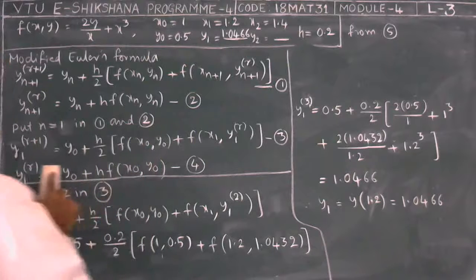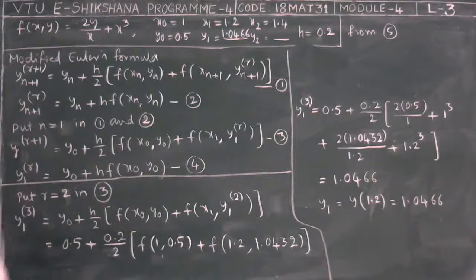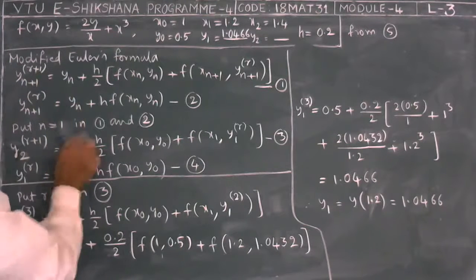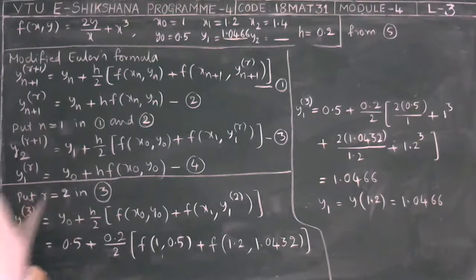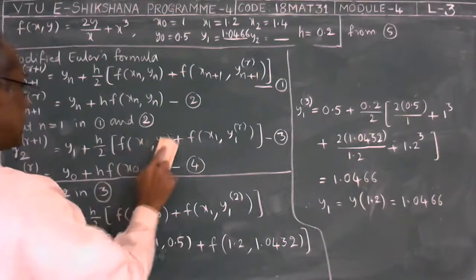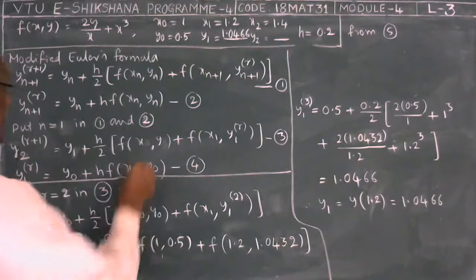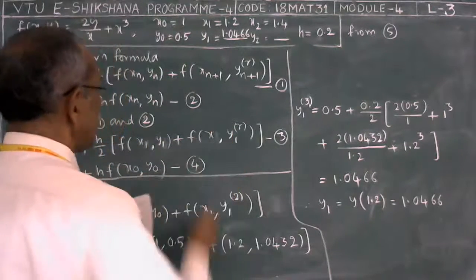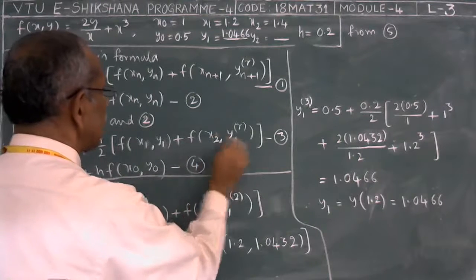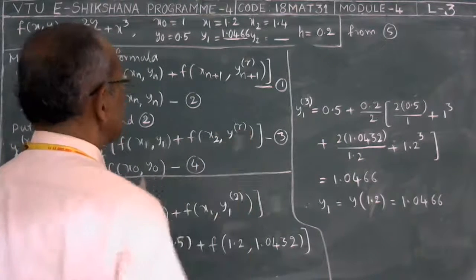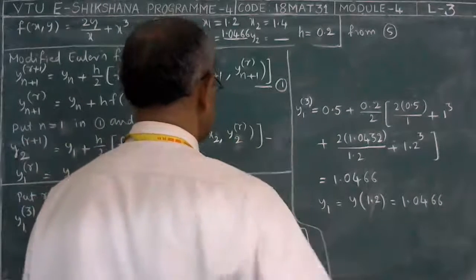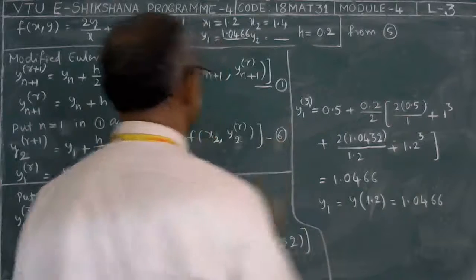Then you get y2 r plus 1, so yn will become y1, then h by 2, f of x1 comma y1 plus f of x2 comma y2 r. Call this equation number 6.